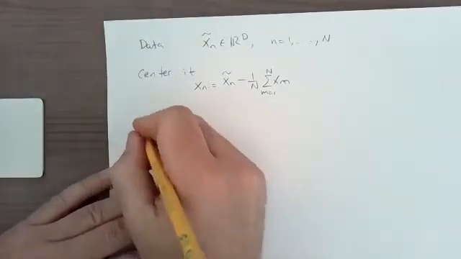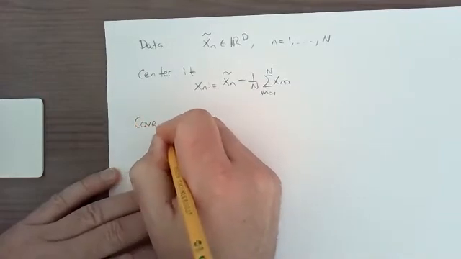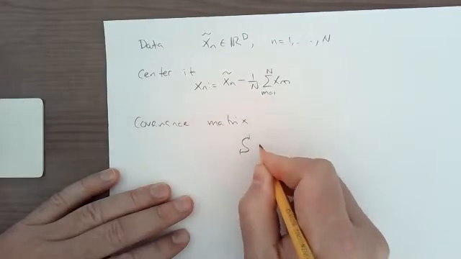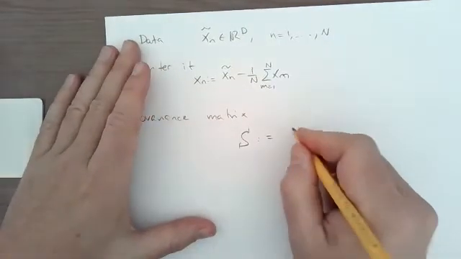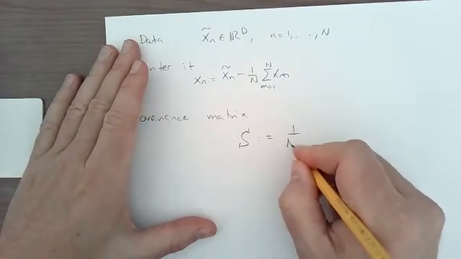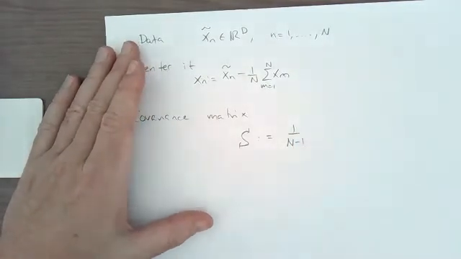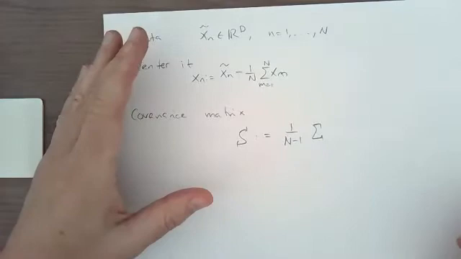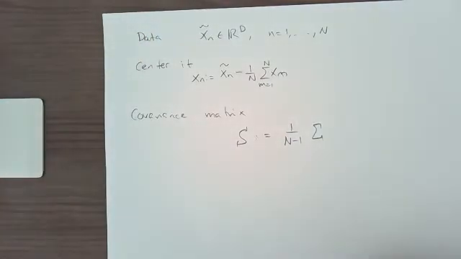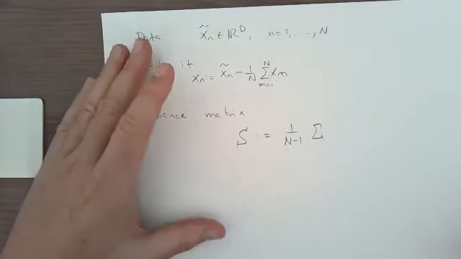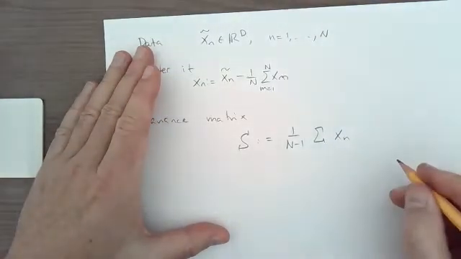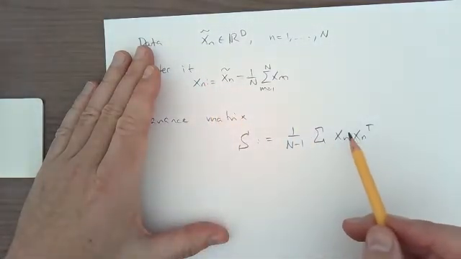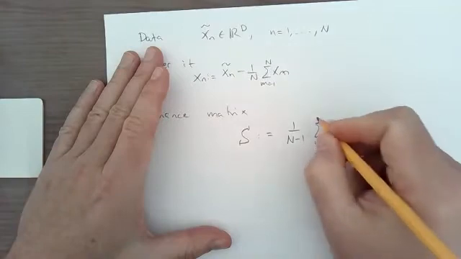So you center it, and then you form the covariance. This was the S. This was 1 over n minus 1, and then you have your xn times xn transpose. You can see here that without centering it, the covariance would have you subtract away the mean here, and so that's why I'm doing it this way.